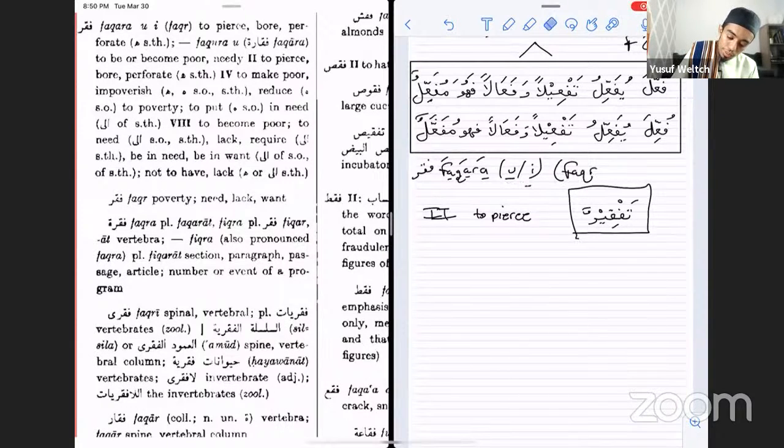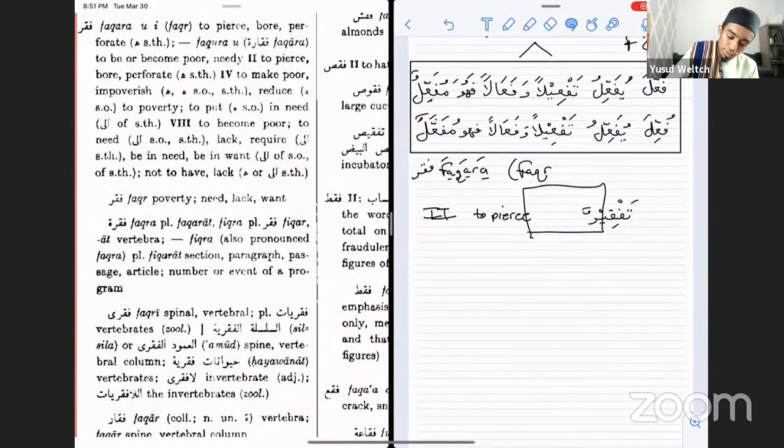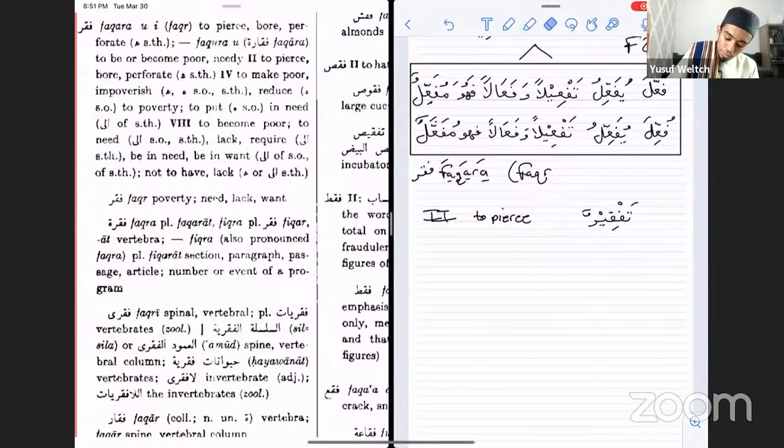So how do you read this root noun in Arabic? F-A-R. Go ahead. Is it fakrun? Fakrun. Good. So they kind of chop it up a little bit. But yeah, it means fakrun. So the root noun for form 1 is fakrun. But that we had to discover, because we looked at what's in the brackets.